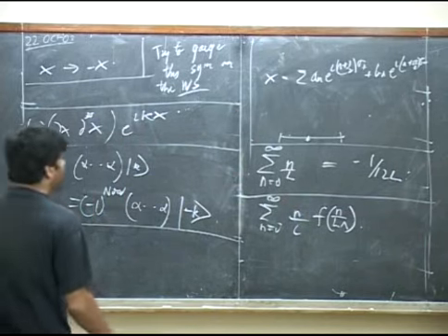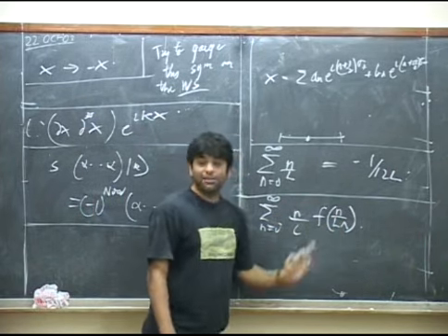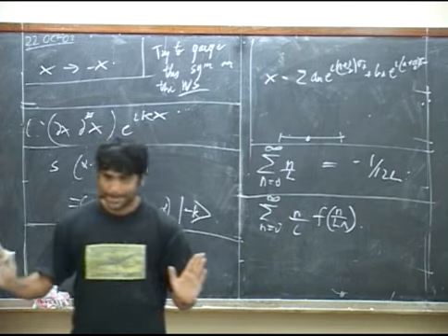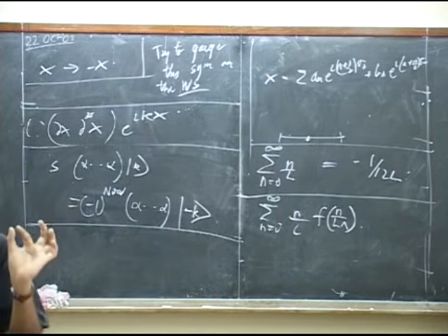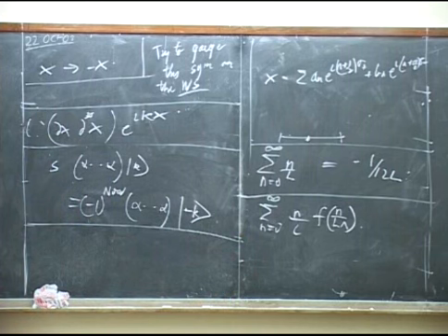This was a UV cutoff. n by L was the momentum, so this was the UV cutoff on the worldsheet of the string in momentum space.